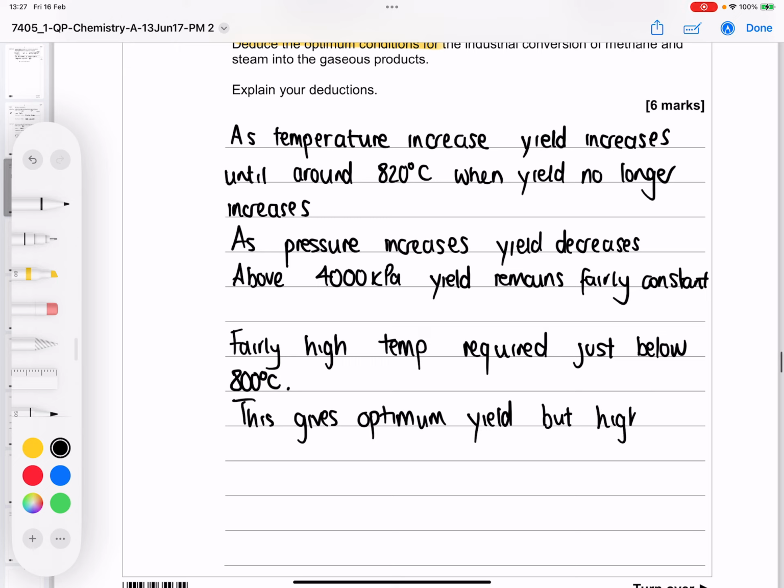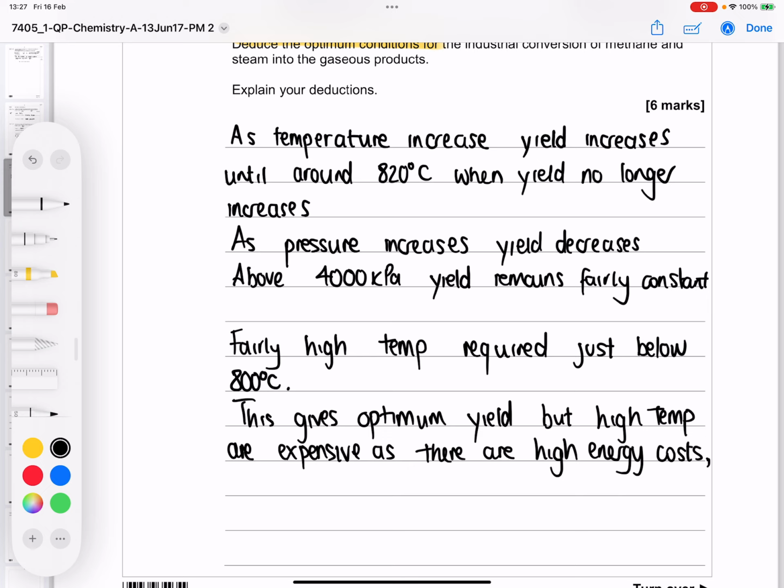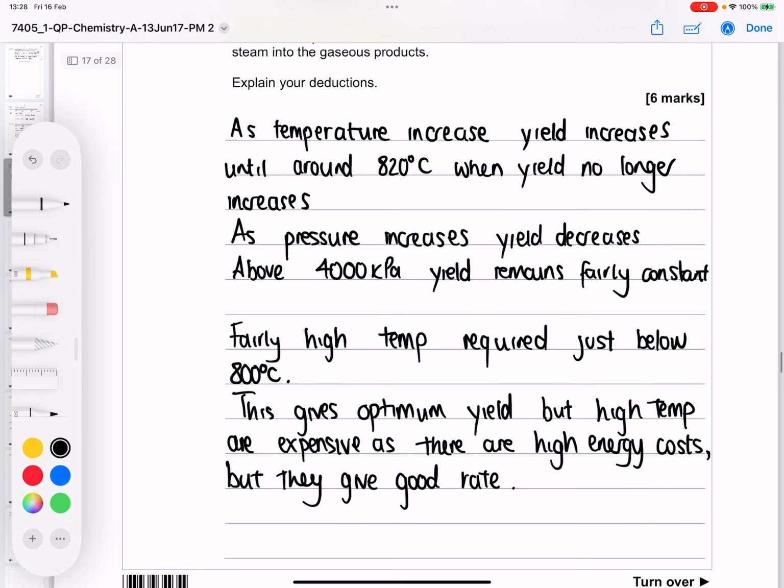But high temperatures are expensive as there are high energy costs. But they do give good rate because many more particles will have energy greater than or equal to the activation energy.